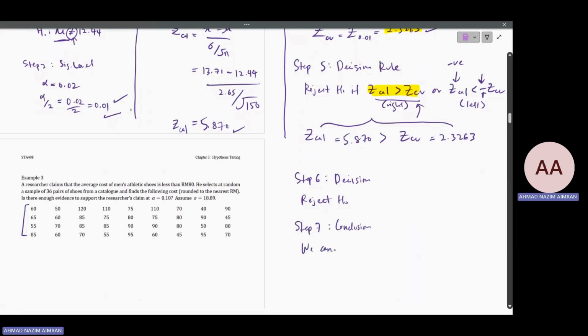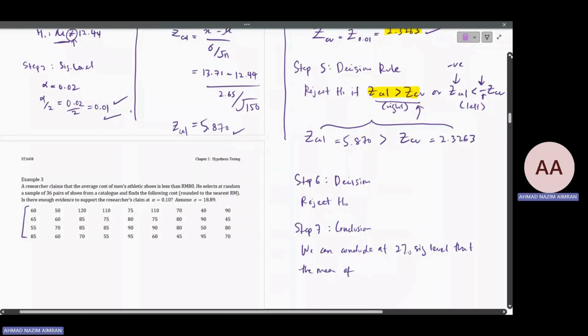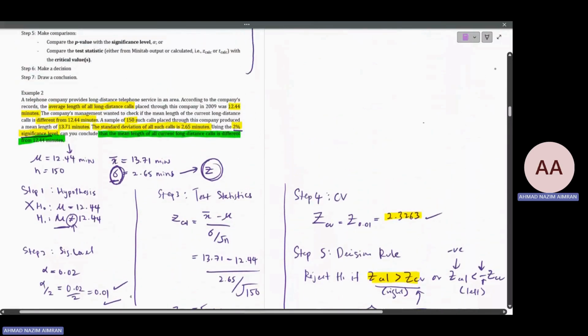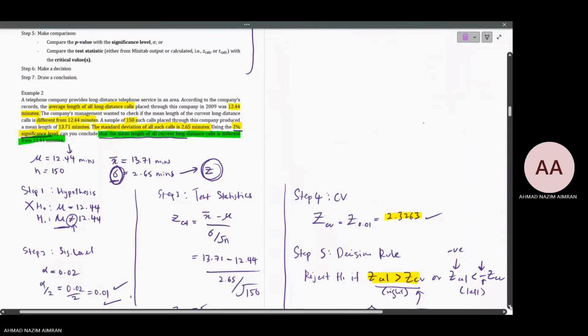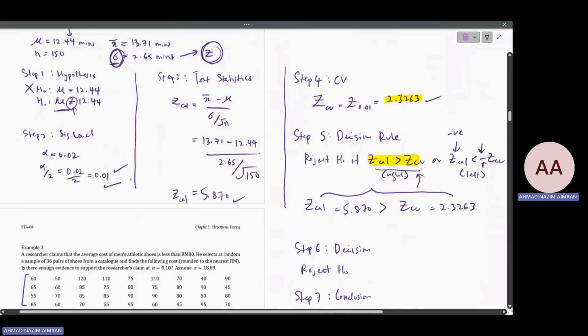We can conclude at the 2% significance level that the mean length of all current long distance calls is different from 12.44.